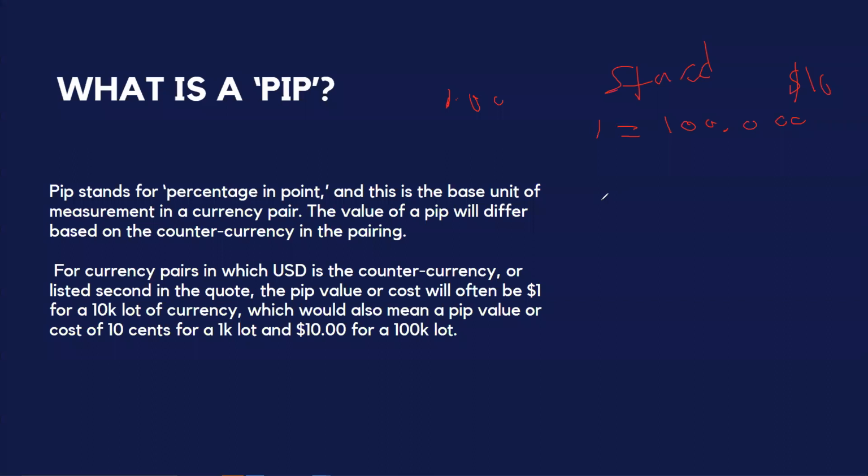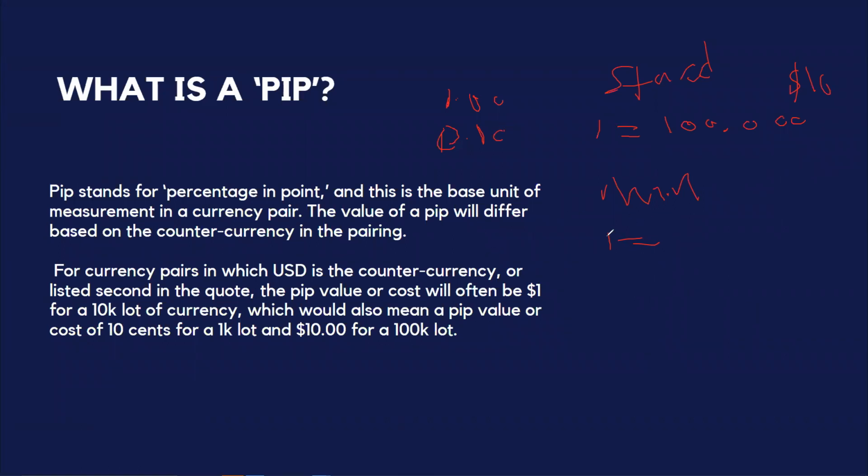Secondly, we are on a mini lot size. Here, 0.1, after the point, any number starting from 1 here is a mini lot size, all right, like that.